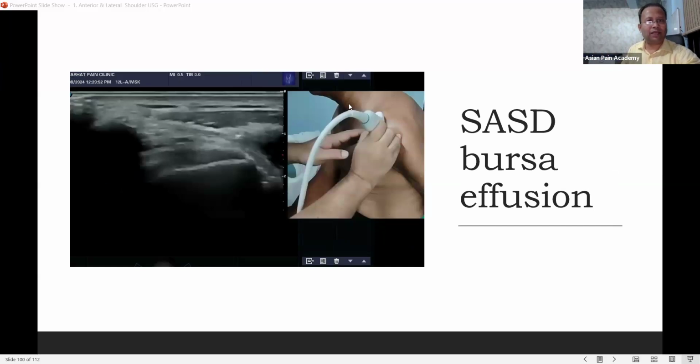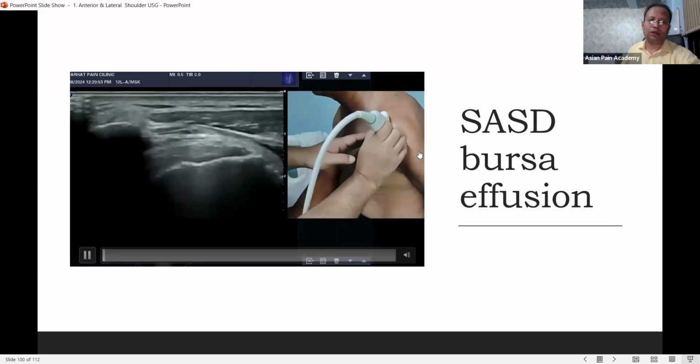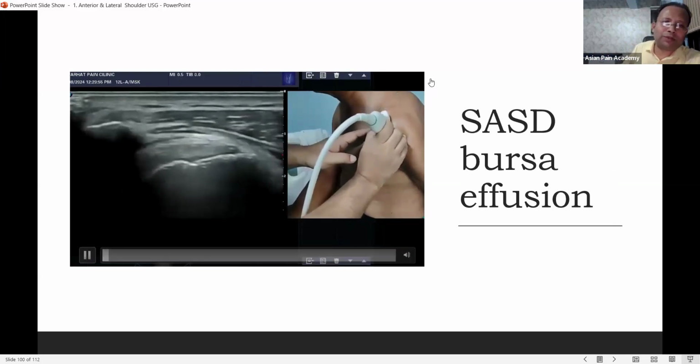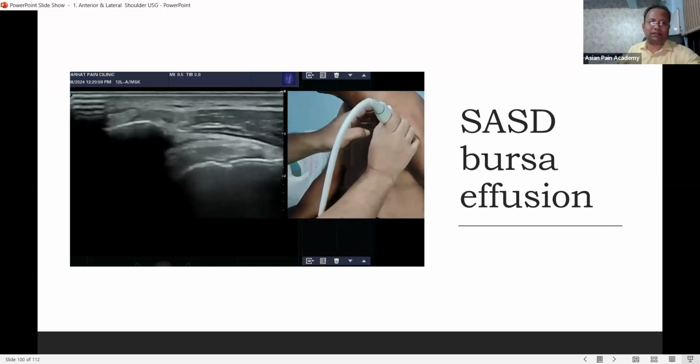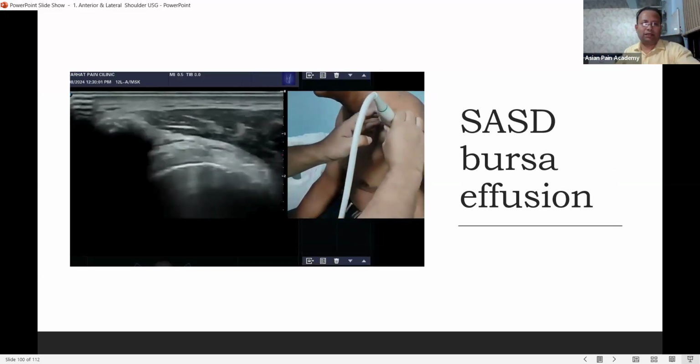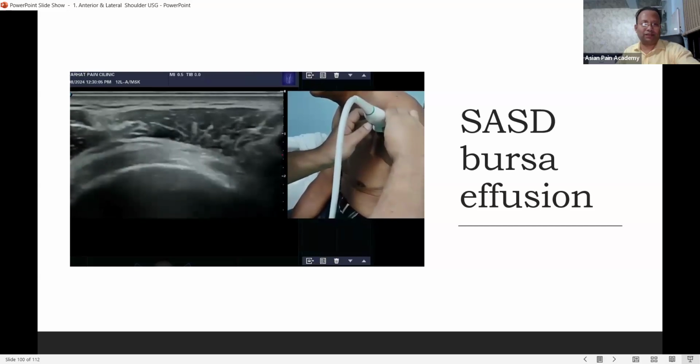Now I am giving a SASD bursa injection. I think all of you can understand which picture this is. Again, bird beak appearance of the supraspinatus. So I am moving from long axis to short axis.